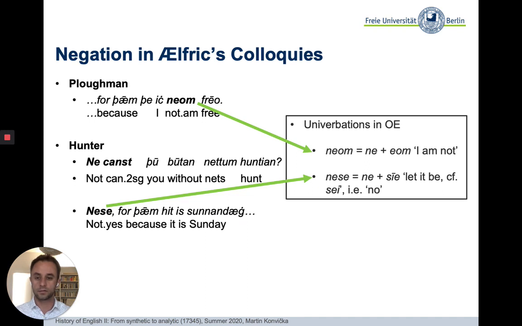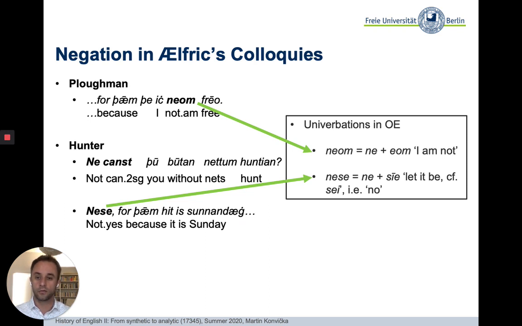And you see here two versions of a negated verb. One is, as in the hunter, in the first sentence of the hunter, where the negator, ne, the negative particle, is separate from the verb. And the other ones, neom and nese, are univerbations, developments where the negative particle actually joins together with the verb it negates, and a separate negative form of a verb is created.